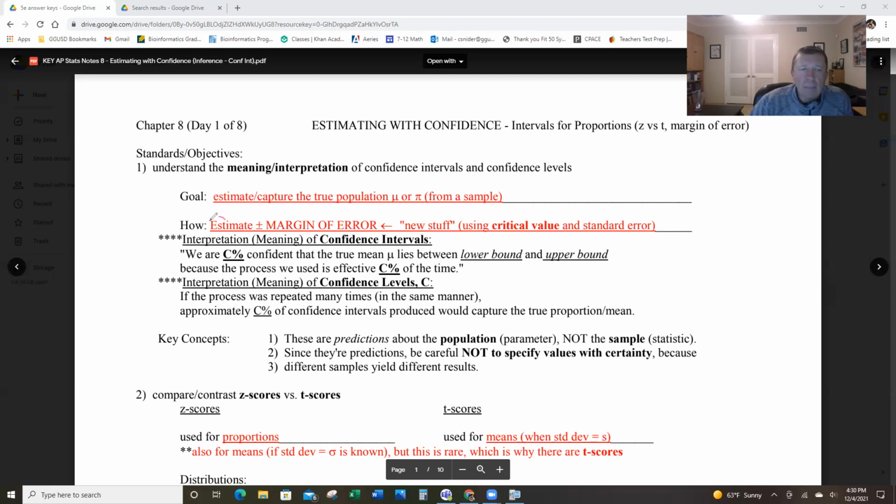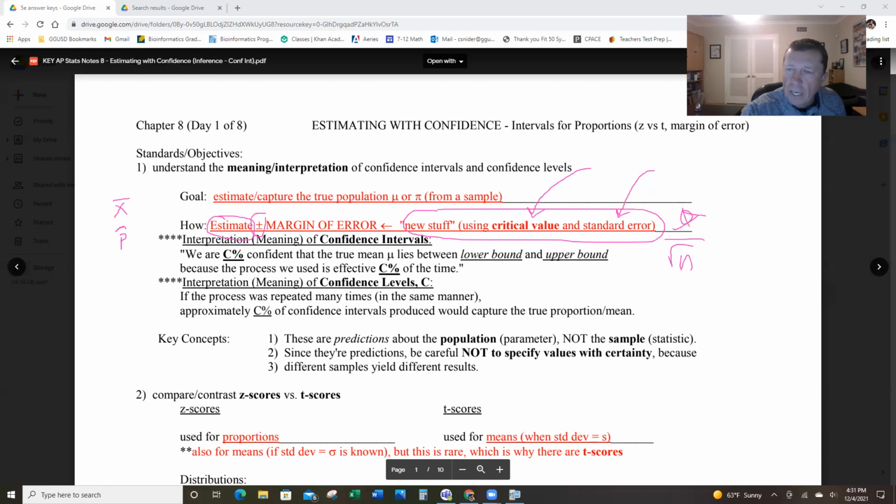You have an estimate. Your estimate is x bar if it's a mean. It's p hat if it's a proportion. Then you're going to go plus or minus a margin of error. This is new, okay? The margin of error is made up of something called the critical value and the standard error. The standard error you learned in chapter 7. For a mean, it's sigma over square root of n.